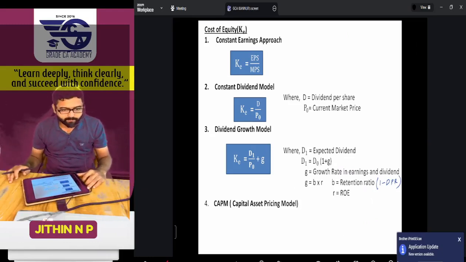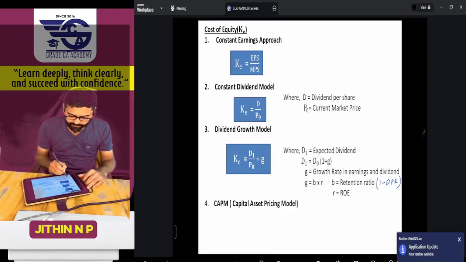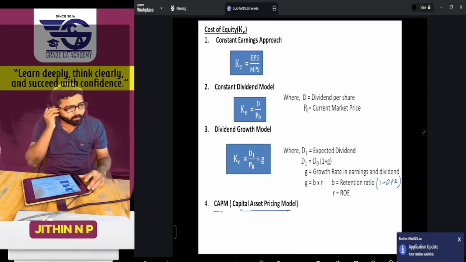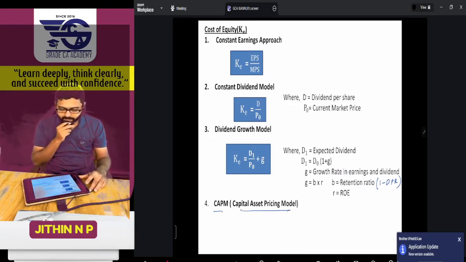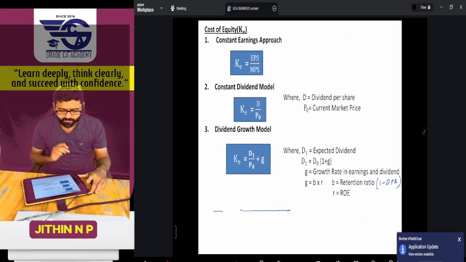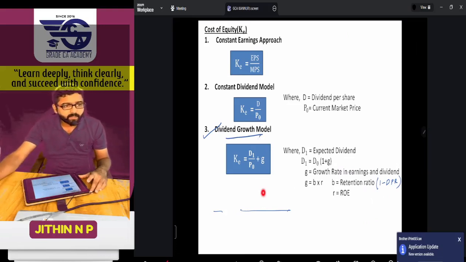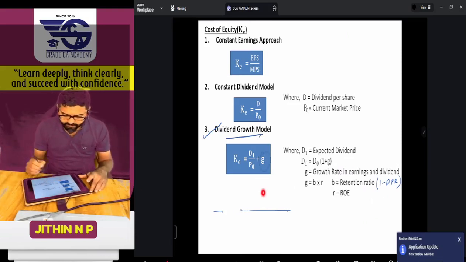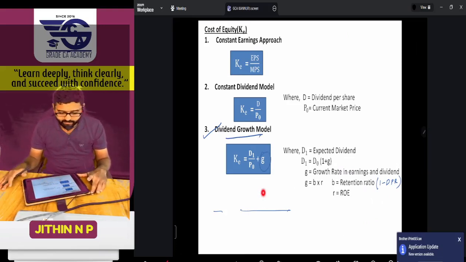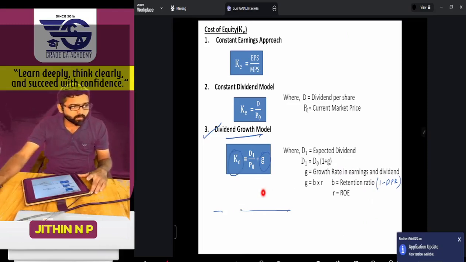Next, the fourth method, CAPM, the capital asset pricing model. Listen here. When we consider the third method, if the question gives you the growth rate, you should consider the dividend growth model. K should be found based on the dividend growth model.